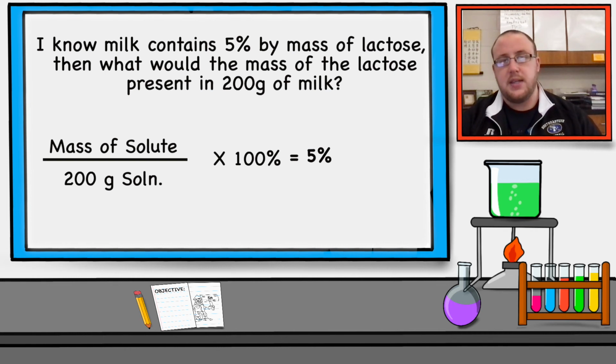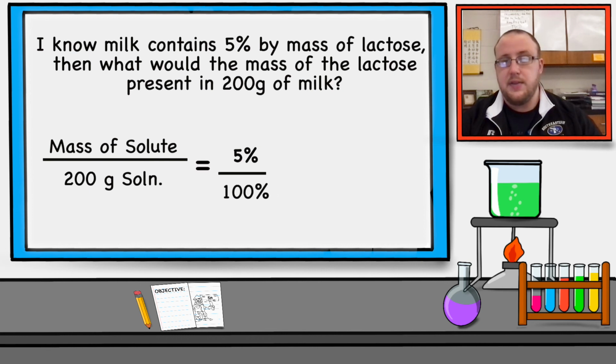The first step of isolating our solute is that we need to get rid of the 100% on the left side of the formula. We undo the multiplication by 100% by dividing both sides by 100%. This now gives us the mass of the solute divided by 200 grams equals 5% divided by 100%. Now we need to undo the 200 grams on the left side of the formula.